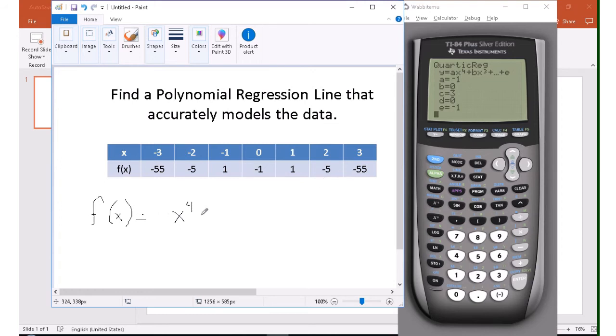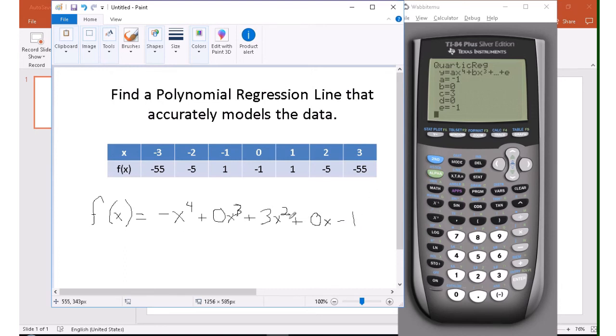The b value is 0, so 0 goes with the x cubed part, and then the c value is 3, so that's going to go with the x squared part. The d value is 0, so that goes with the x to the 1st power part. And then the e value is -1, so that's my constant term at the end.